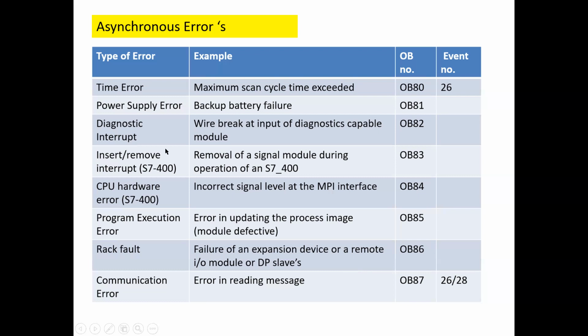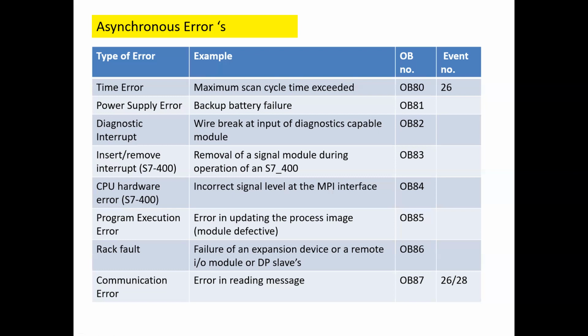Like that, for different types of errors which might occur anytime, we have different OB number blocks. So these blocks we can download according to the logic. If you are using remote I/Os, for that we have to download OB number 86 and 85, because it cannot read that particular address, and if there is a disconnection of your Profibus or Profinet, it cannot read the data.